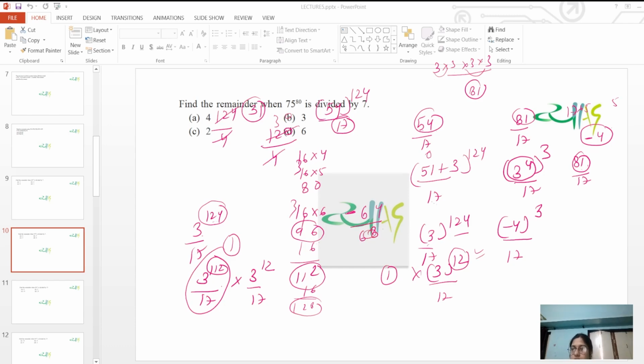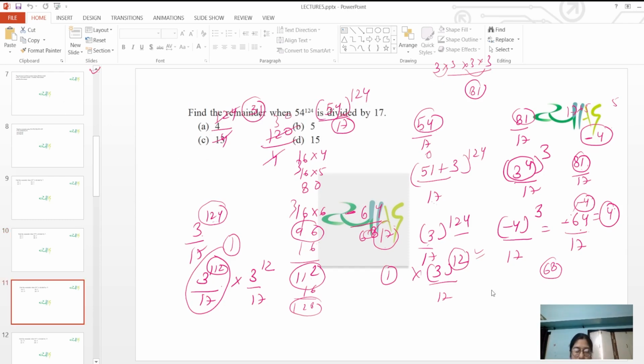So when you are getting minus 64, obviously you will get minus 4 as remainder, because 17 fours are 68, but this minus minus becomes plus, so you get 4 as remainder. So you can do this in this format as well. I hope everybody is clear with these things.